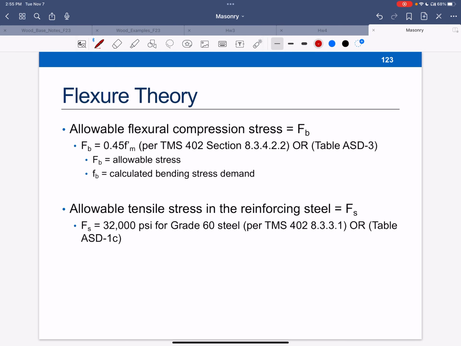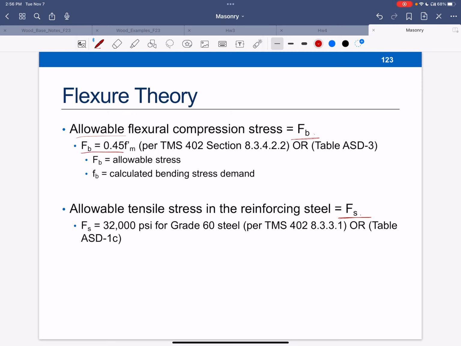Just like in wood, capital F sub b is the allowable flexural compressive stress, and capital F sub s is the allowable tensile stress. So bending masonry and then steel.